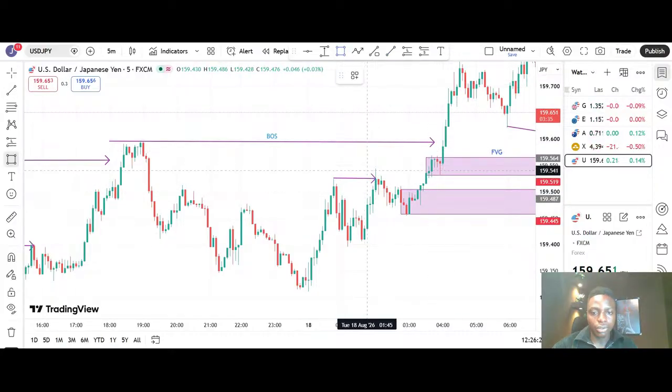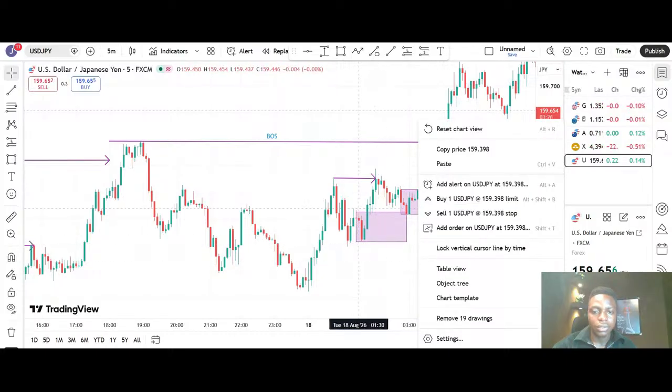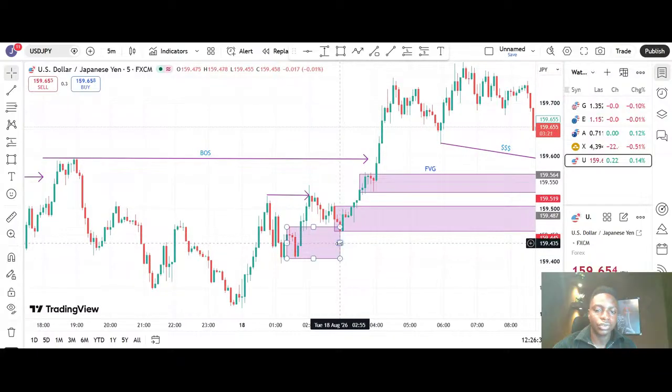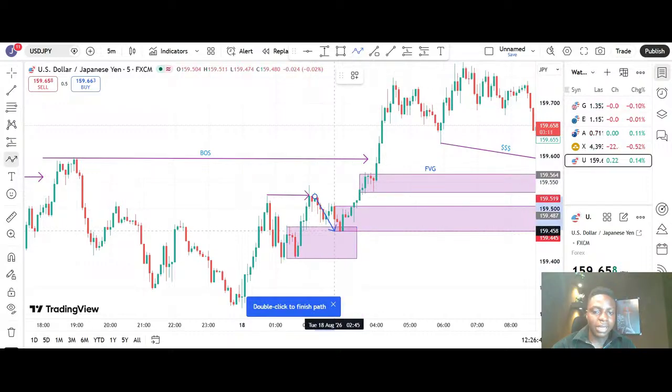The order block that caused this break of structure is this one. You can see it was tapped. So it did a break of structure to the upside, and it came down. Then the market came down to respect the order block. When it came down to respect the order block, it made a movement to the upside.